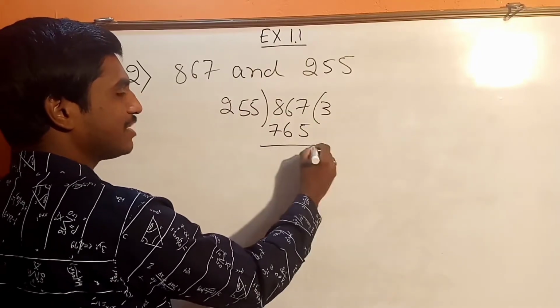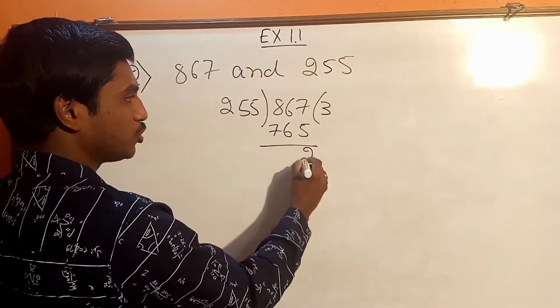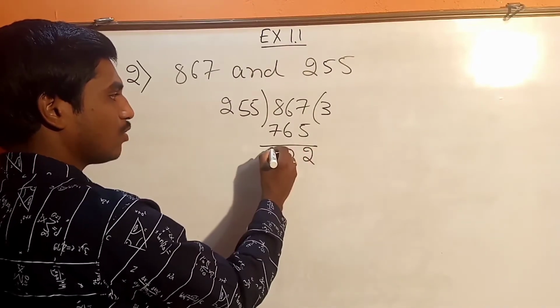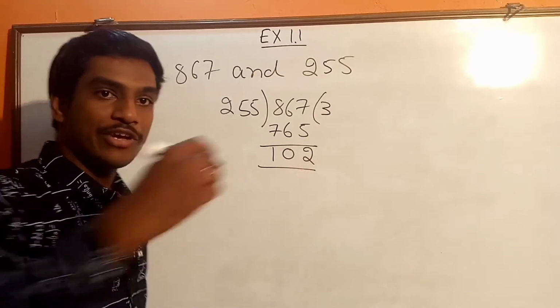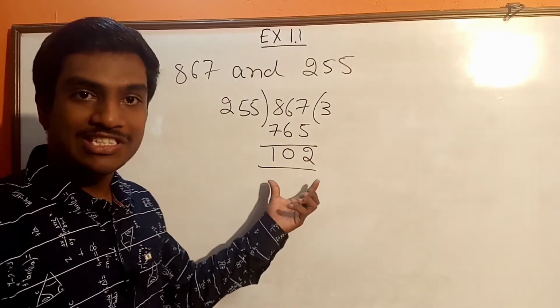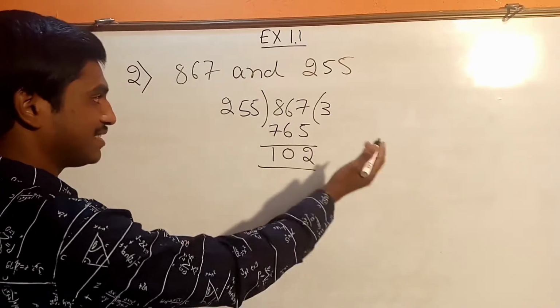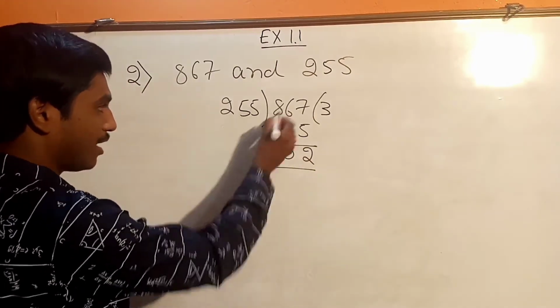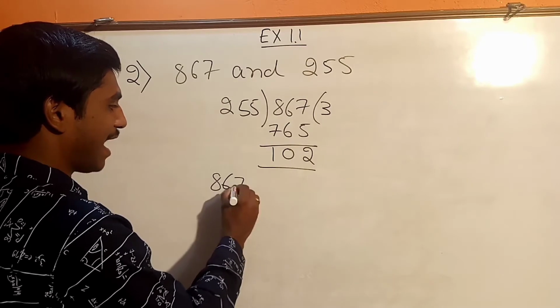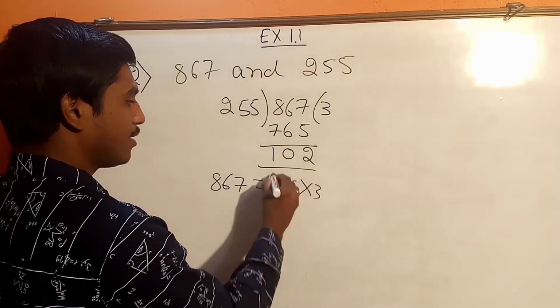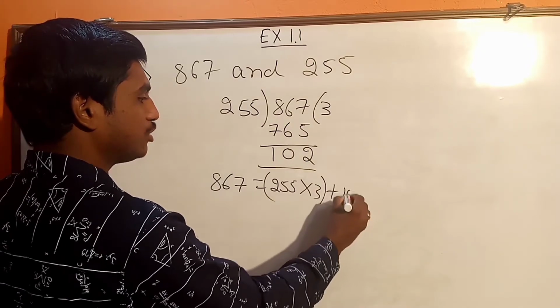You will get 765. 7 minus 5 is 2. 6 minus 6 is 0. 8 minus 7 is 1. So we got remainder 102, which is not equal to 0. So hence we will continue this division process again. And here we will write 867 as 255 into 3 plus 102.